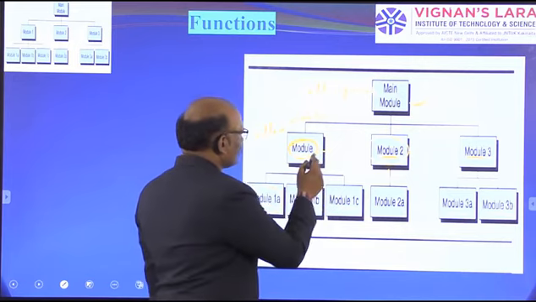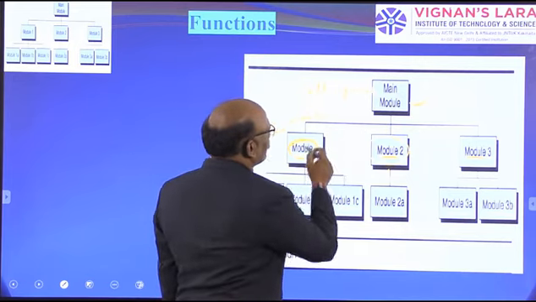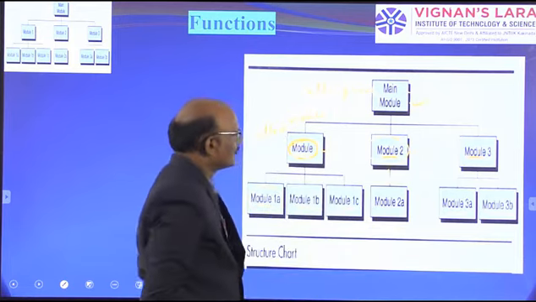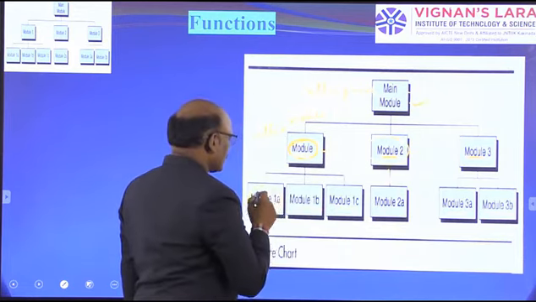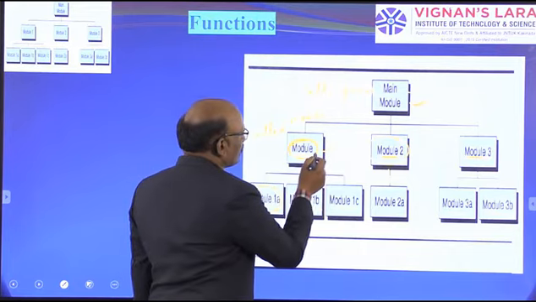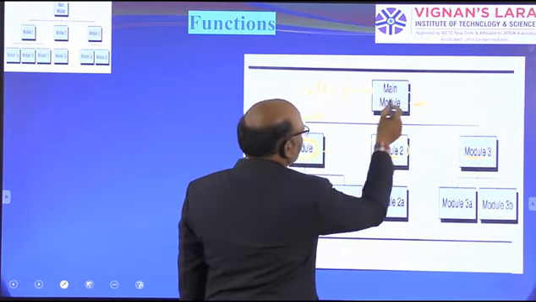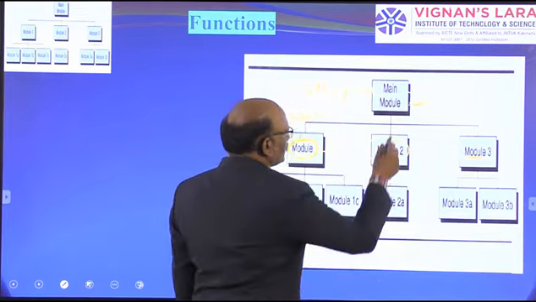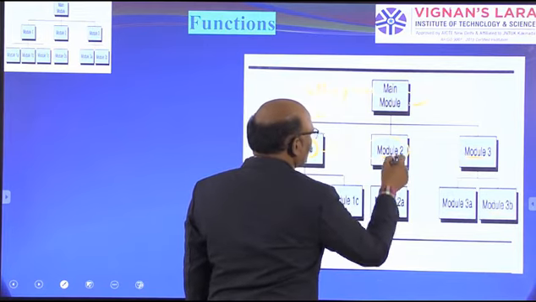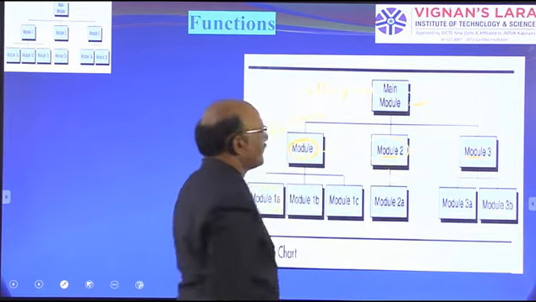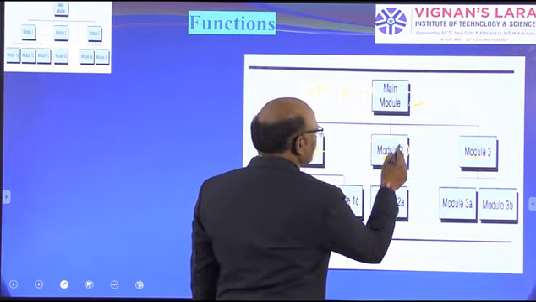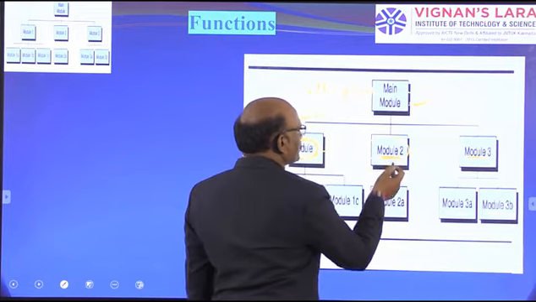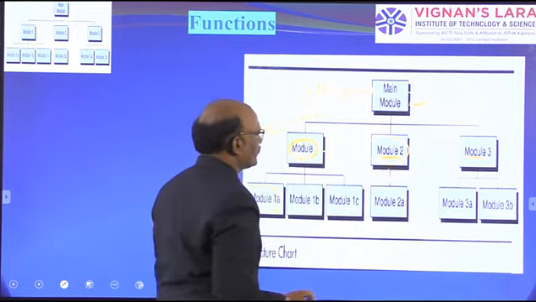Then the calling module of module 1 is the main module. So module 1A transfers the information to module 1, and module 1 transfers the information to the main module. Now module 2 receives the information from its calling module, which is the main module.